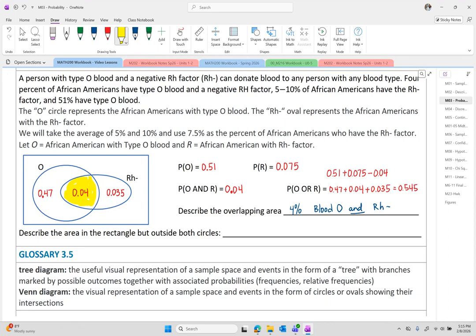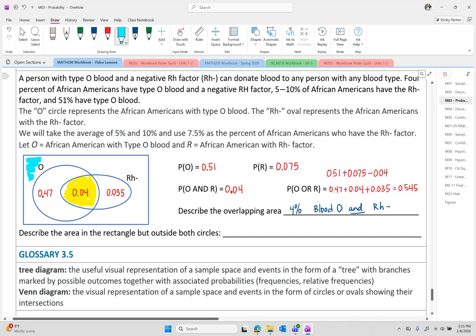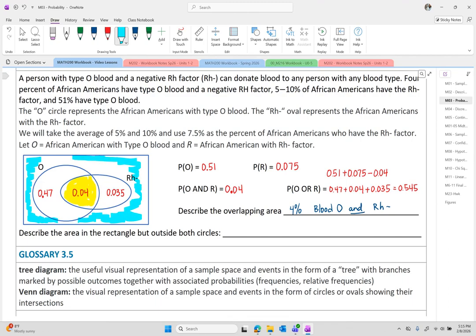Describe the area in the rectangle but outside both circles. So that area would be, let's highlight it with a different color, outside of the events blood O and outside of the event Rh negative. So these are the rest of the African Americans.